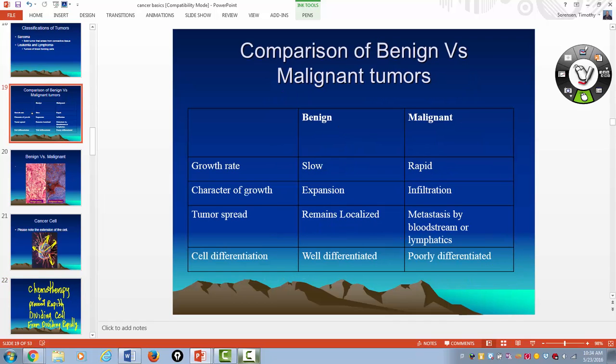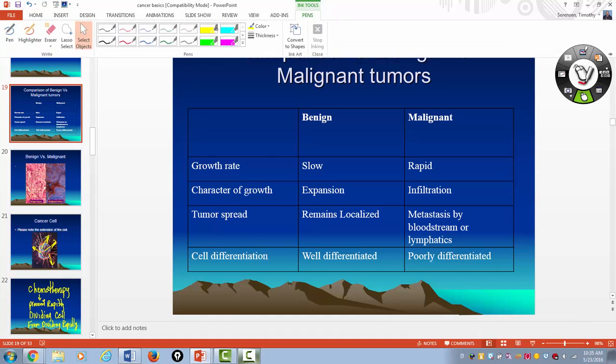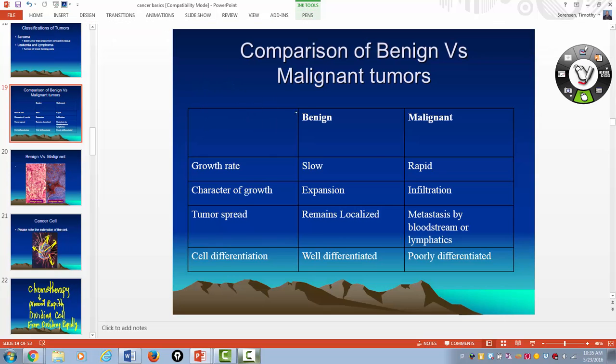Number one, the difference between benign and malignant. If you look at the differences and similarities between benign and malignant, benign cells divide normally, but they just don't stop dividing.